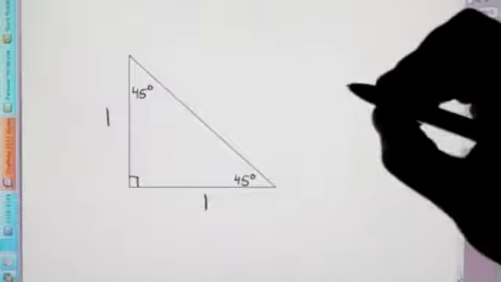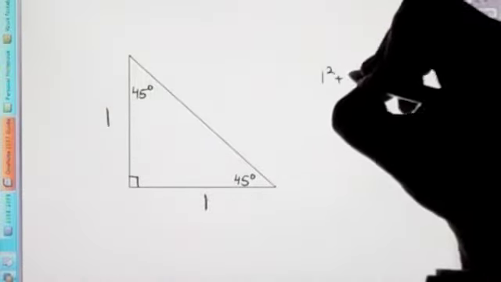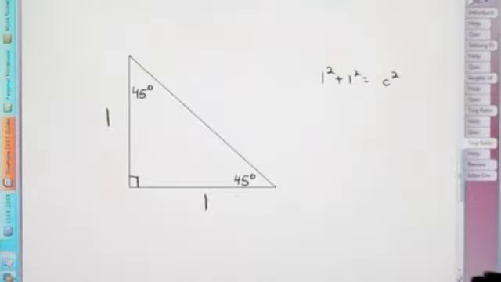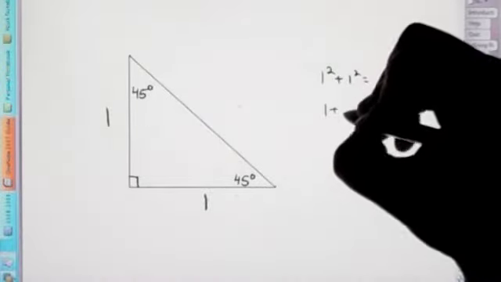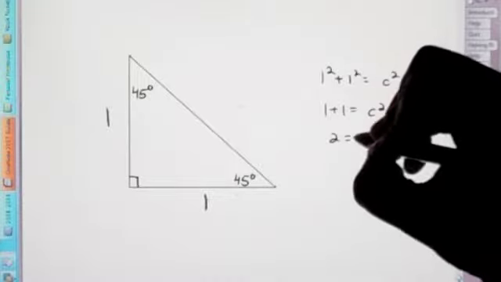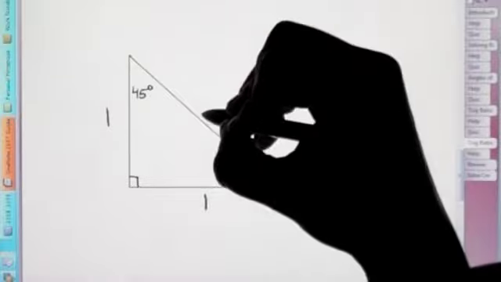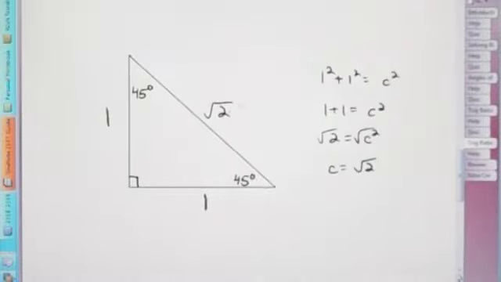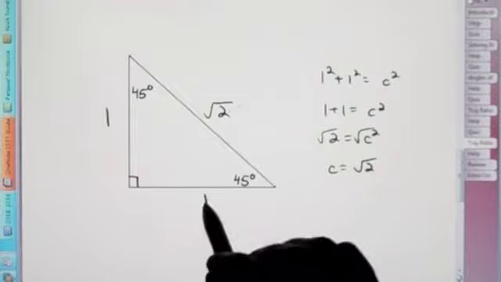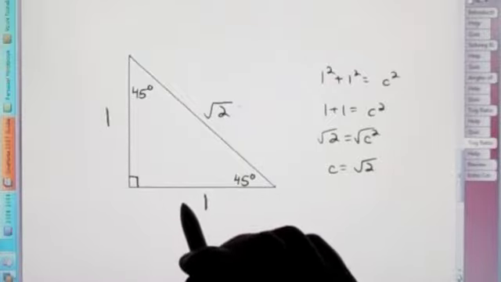The question is what's the length of the hypotenuse? So we have 1 squared plus 1 squared is equal to our hypotenuse squared. So 1 plus 1 is c squared. So 2 is equal to c squared, then we root it. So c is equal to the square root of 2. Okay? So here goes our ratio. When we're dealing with a 45, 45, 90 triangle, the two legs that make up the right angle would be the same exact number.